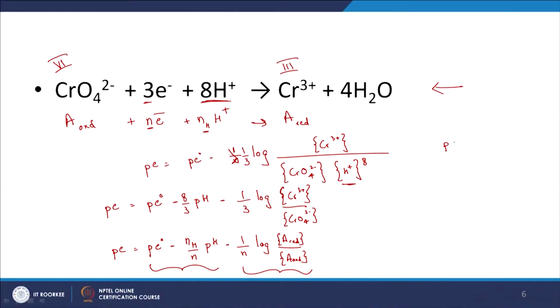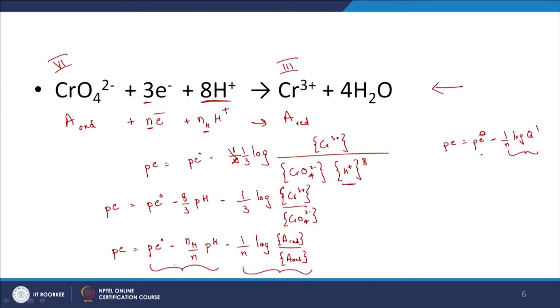What I was trying to say is that we had pe equal to pe naught minus 1 by n log Q dash. In general, though we have two variables here, the pe naught value will be relatively high compared to this particular set of variables. But when we have H plus involved, pH will have a considerable effect on your reduction potential. That is what we are trying to say here.